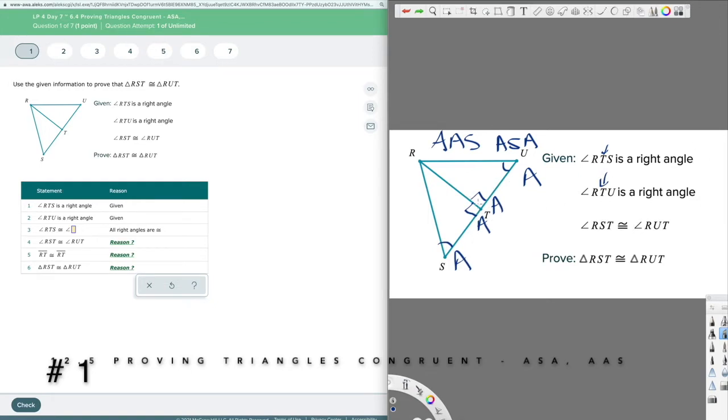I can't really prove anything about these third angles from the given information, but I can do something with a shared object. They both share this line, RT.